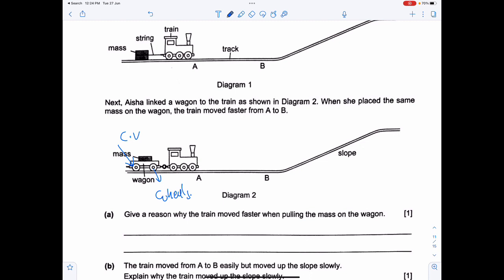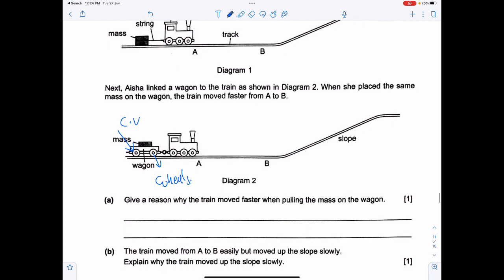Right? So then, even without looking at the question, I've already got some preconceived ideas. Then I continue to read, and they say, give a reason why the train moves faster when pulling the mass on the wagon. Very straightforward.